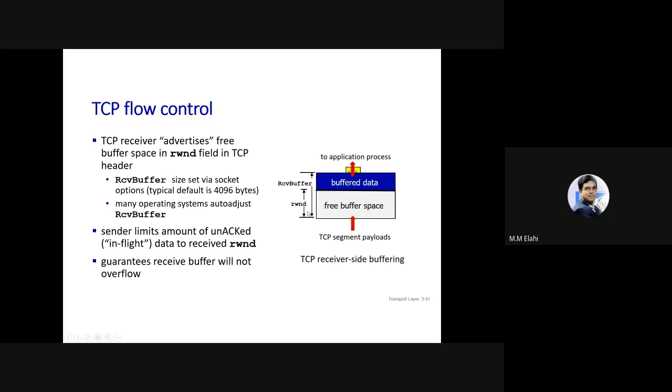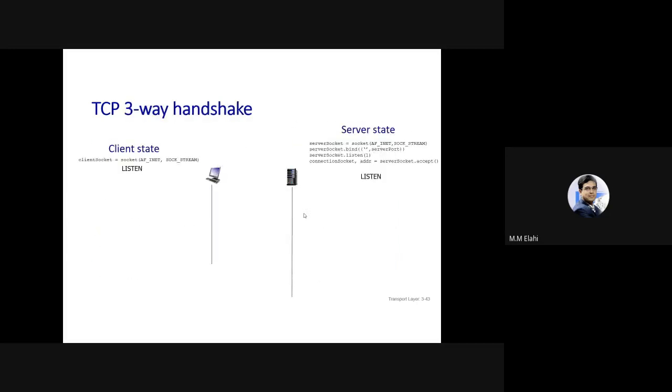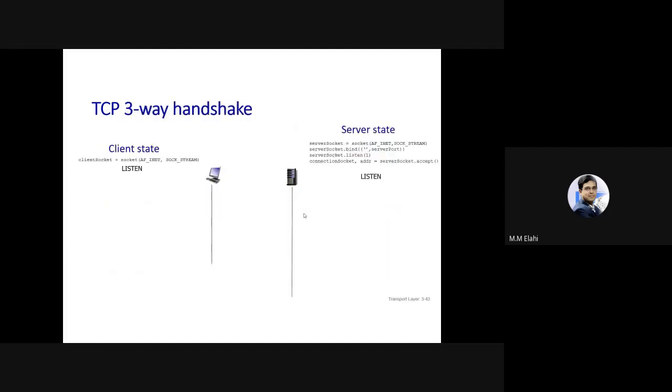And this free buffer space is calculated by the receiver as receive window, and then sends the value in the reply, in the acknowledgement. So when the sender receives this value, sender will know I cannot send more than this amount of data. So this is called TCP flow control. Okay. Clear? So that is about flow control, how receiver calculates the free space. Then another concept, that is the connection management.